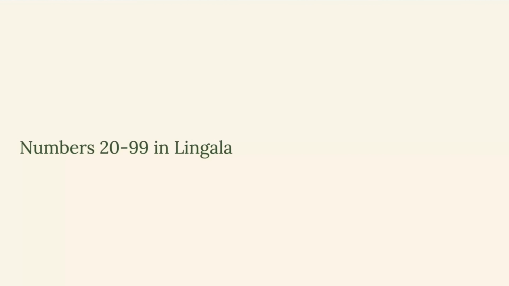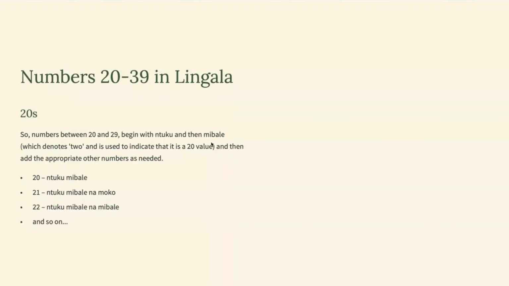And then again for every number between 120 and 199, 220 and 299, and so forth. So numbers between 20 and 29 begin with Ntuku and then Mibale, which denotes 2 and is used to indicate that it's a 20 value, and then add the appropriate other numbers as needed.